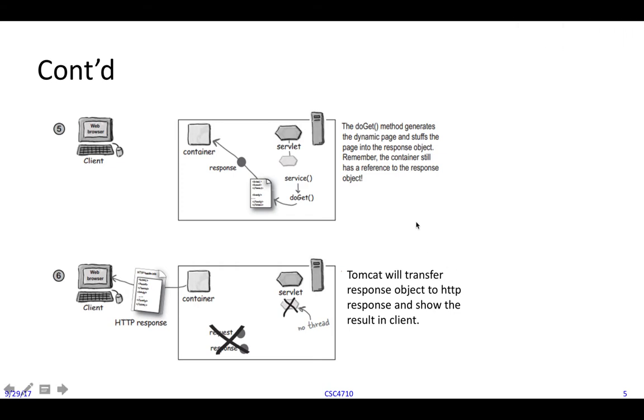But please remember that the container still has a reference to the response object. And at last, Tomcat will transfer the response object to the HTTP response and show the result in the client. Then the request and response objects are destroyed.